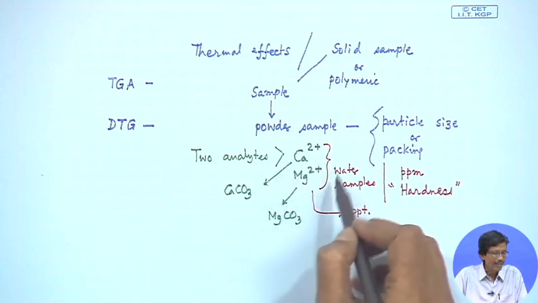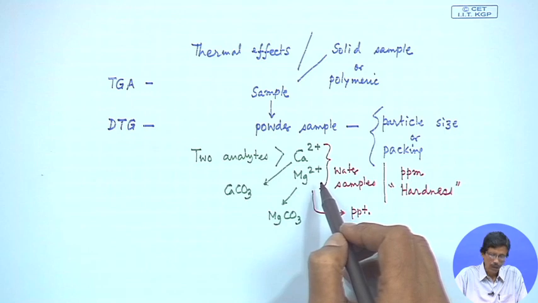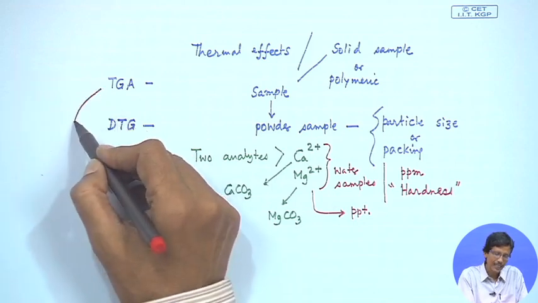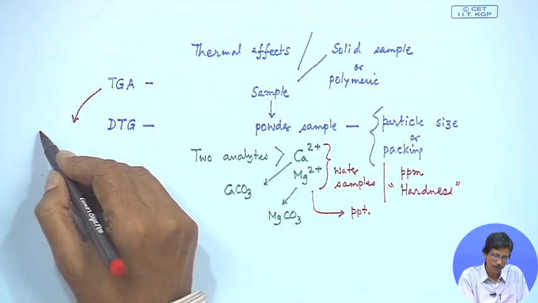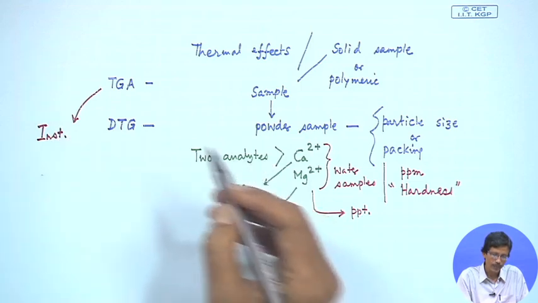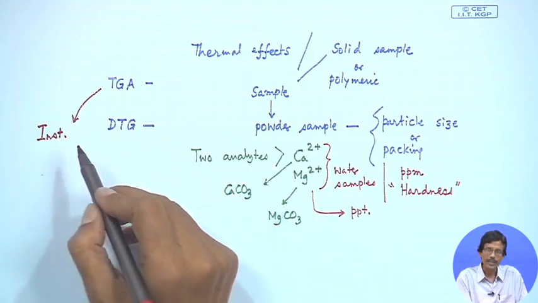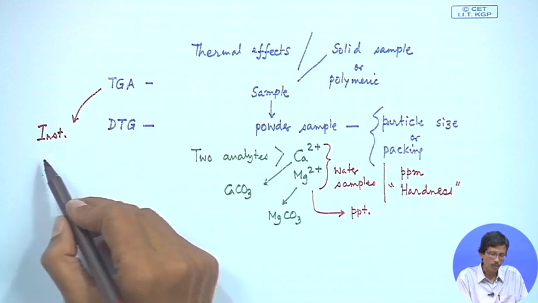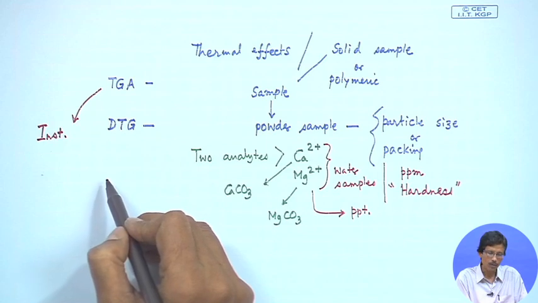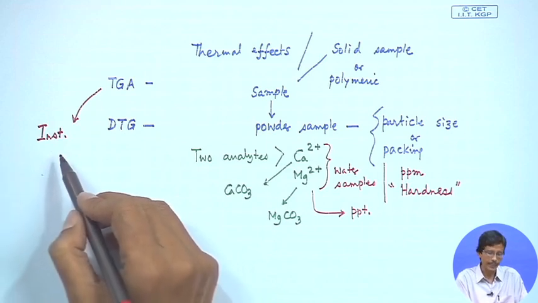And these calcium and magnesium samples are very useful, and we can also use them for standardizing any thermogravimetric instrument. If we have the instrument, it has to be standardized in terms of its change in mass or weight loss with respect to temperature change.